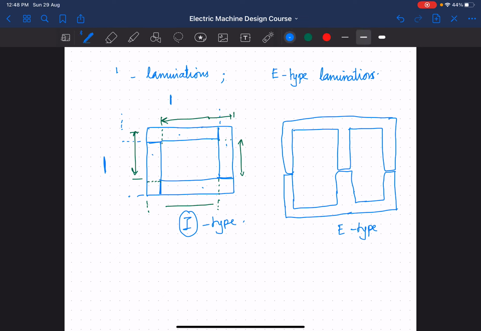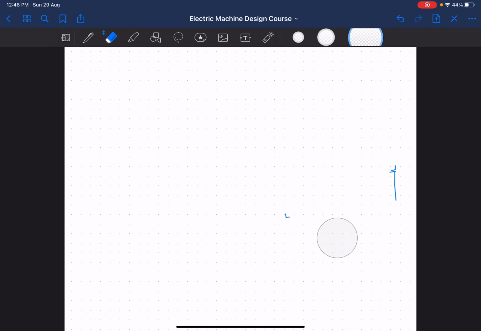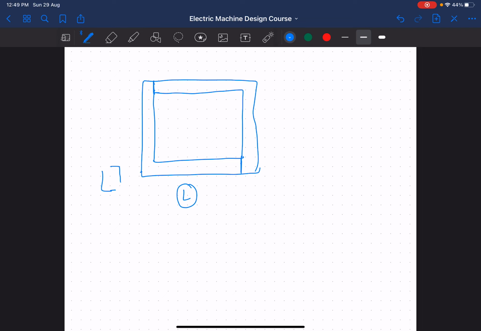Then we have the L type. So it's like this. You can see this is the letter L, this is another letter L, inverted L, right? And this is the L type core.